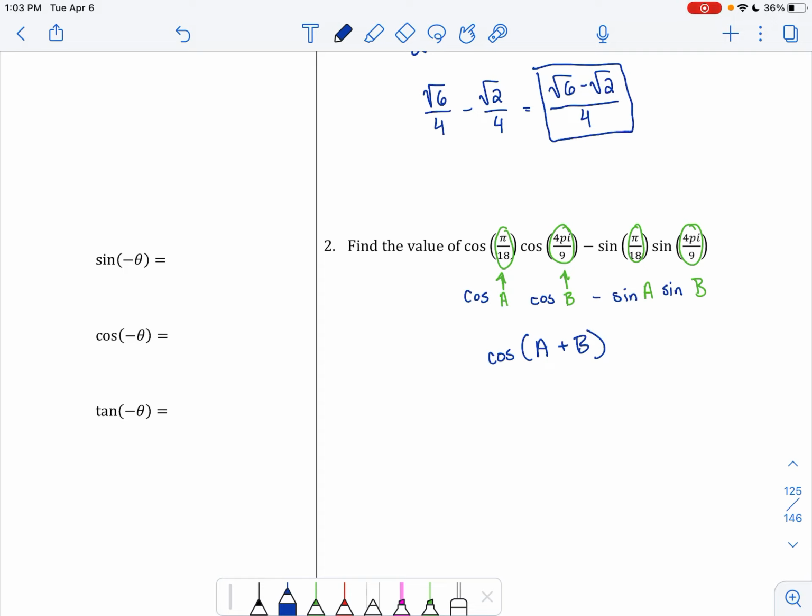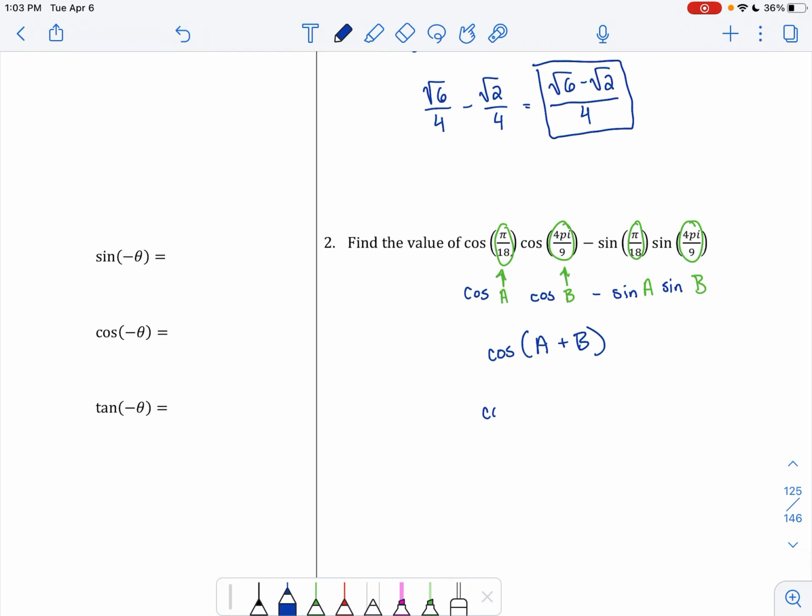So we can plug that in. We can say this is cosine of pi over 18 plus 4 pi over 9. Now we don't know exactly what that is yet, but we can add those terms together using a common denominator. So I'm going to multiply this by 2.